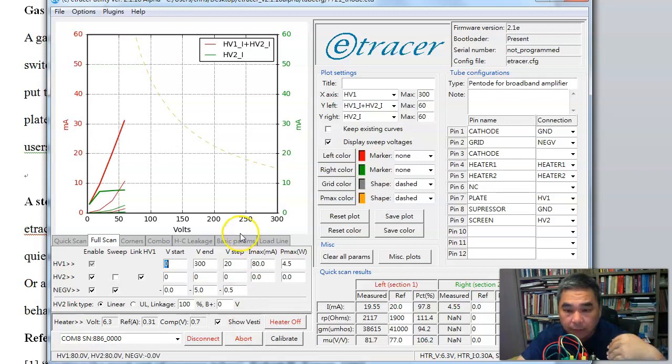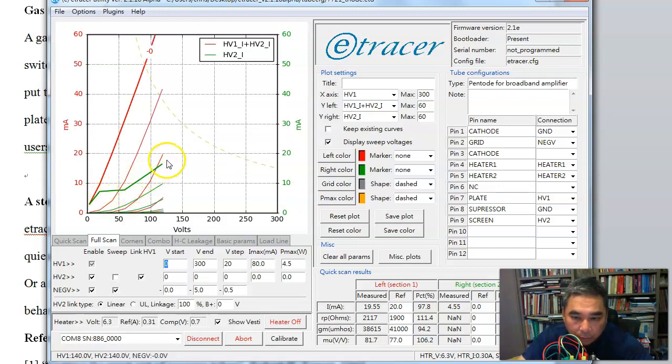Okay, this D3A is a pentode and is triode connected. Here we can see a very interesting behavior. I don't think it's oscillation, but if we look at the screen current represented by the curves in green, you'll see in this region the green current looks weird.